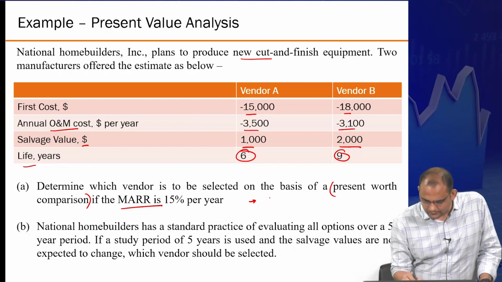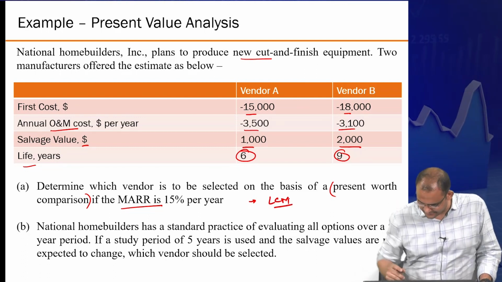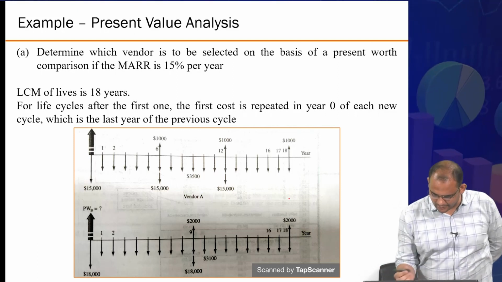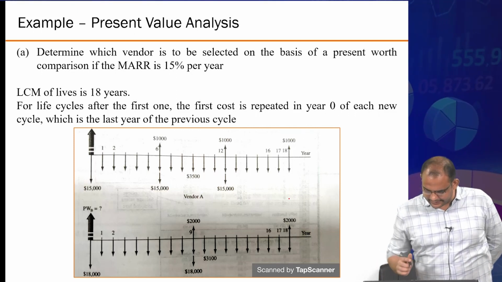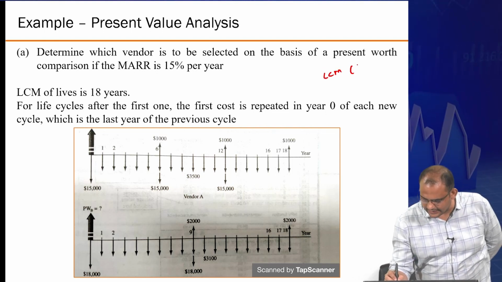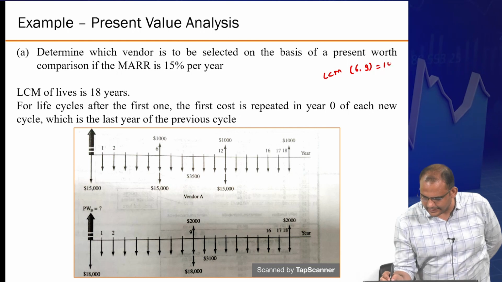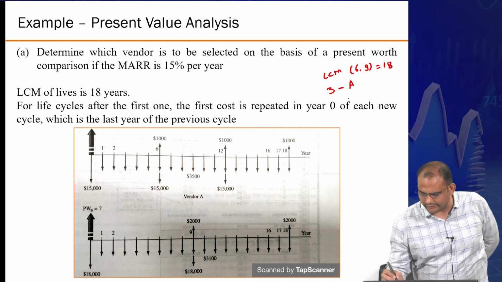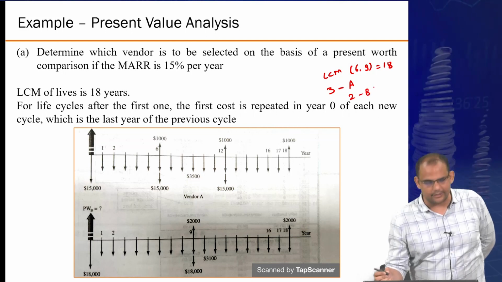Okay? So, let's do this first method. This is the cash flow series. What is happening on A is basically, what's the LCM of the two, 6 and 9? 18, right? So there will be 3 cycles of alternative A and 2 cycles of alternative B.